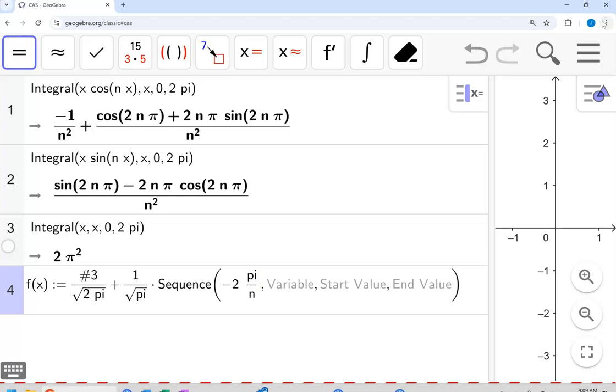That's the coefficients on all the signs, right? So I'll take that times sine of n times x. In this case, the variable that we're adding up is n. And let's just create maybe 10 terms here. This should give me my Fourier series when I do this.